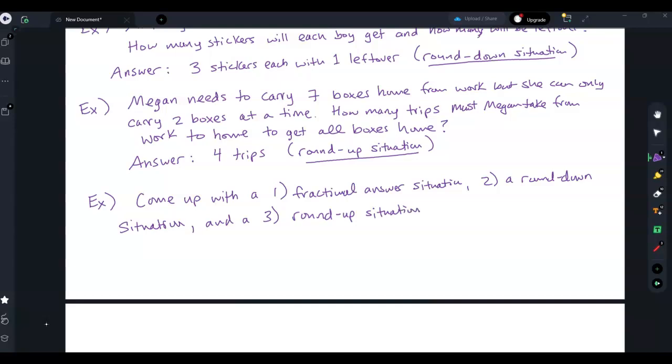I want you to write 3 separate story problems, and all 3 story problems I want to be for the problem 13 divided by 4.